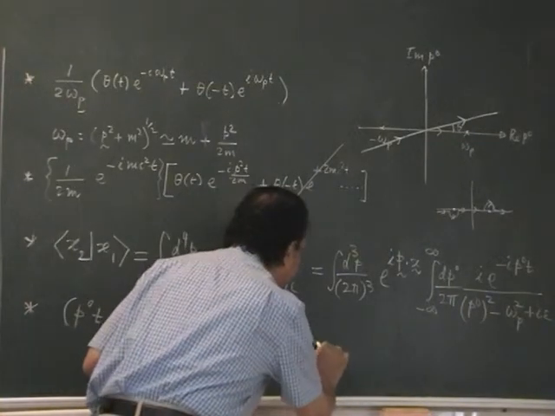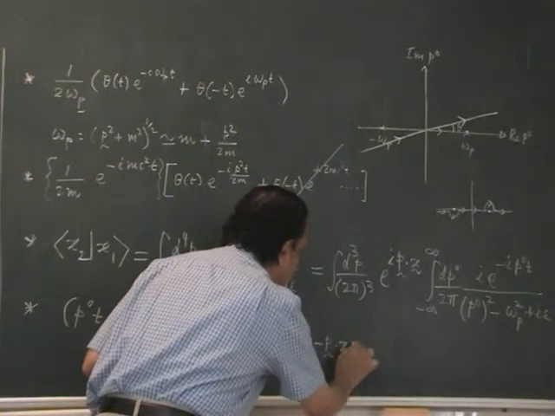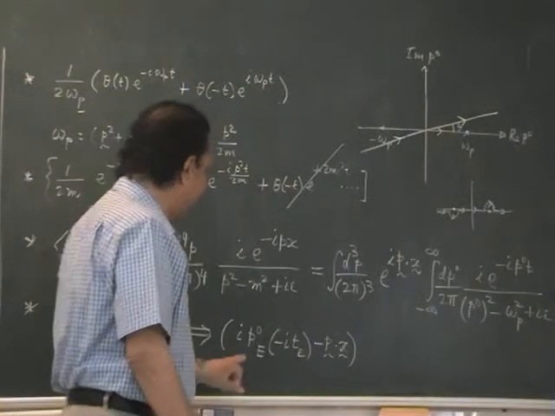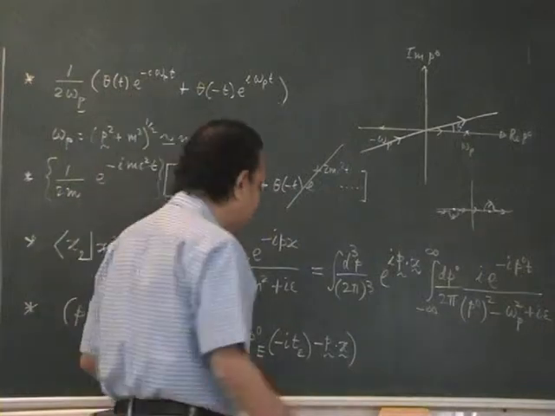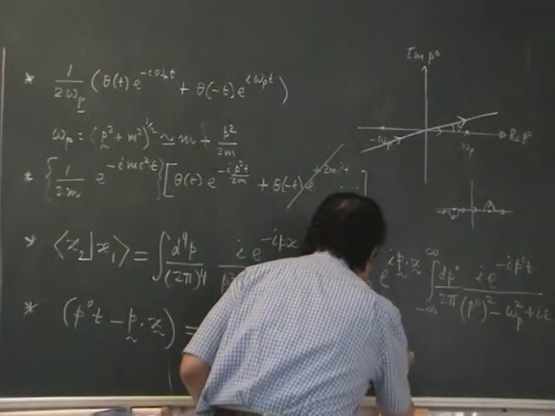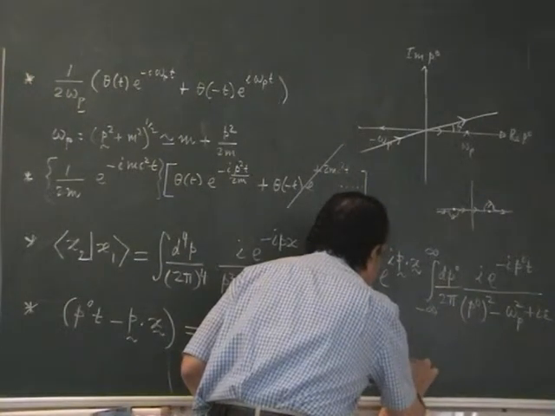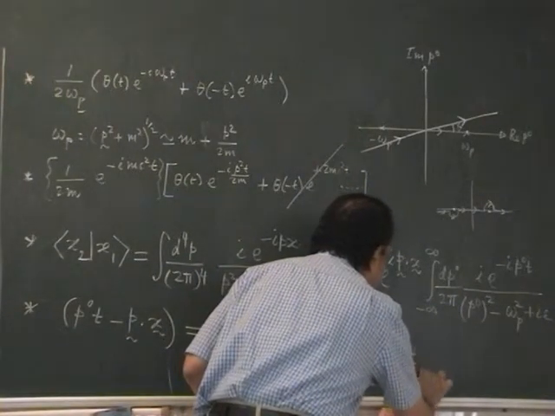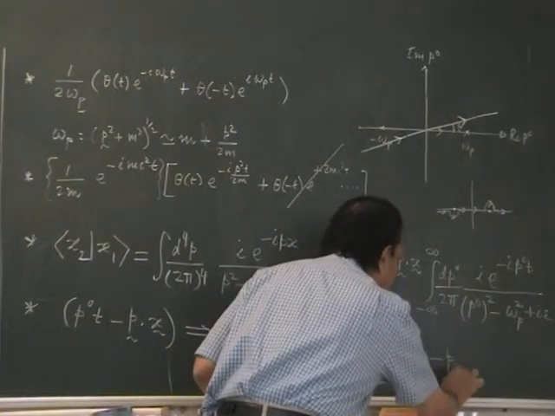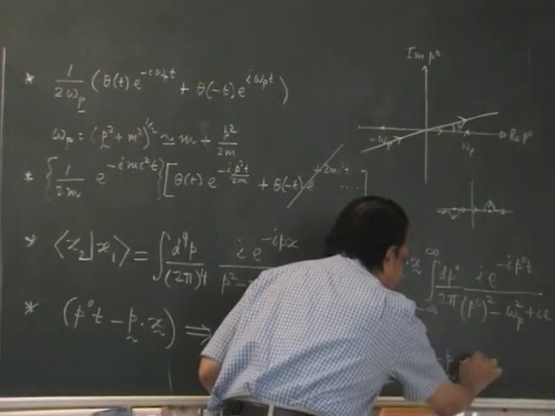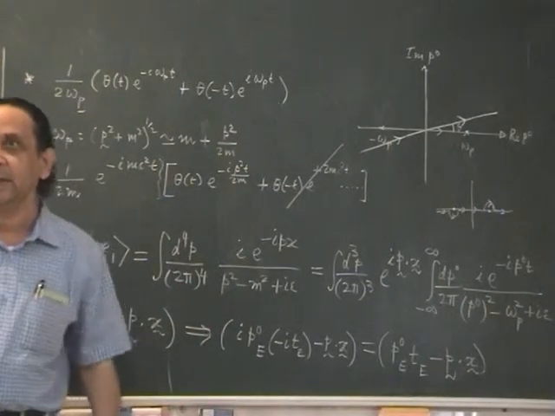Nothing happens to these, so they remain minus p dot x. So what you find is, i into i gives you a minus sign, they just go away. This becomes p naught in the Euclidean sector times t in the Euclidean sector, with a minus sign, p dot x. Though you would have expected a plus sign. Well, it is just a fact of life. It doesn't become plus.